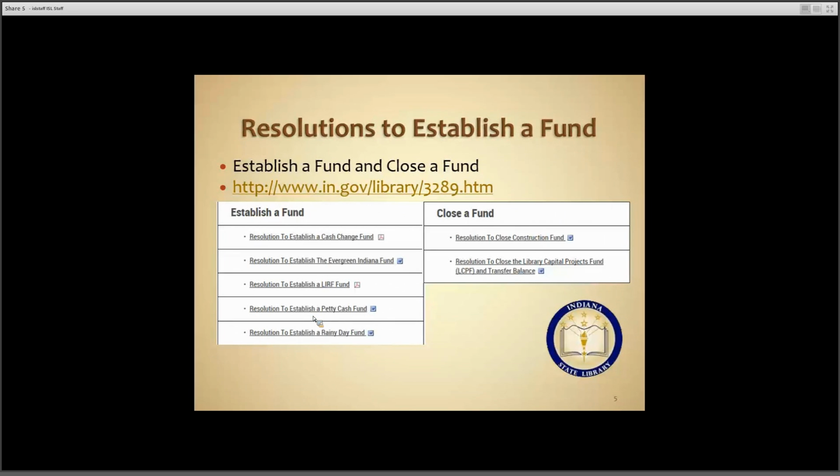Resolutions are found on the Library Development Office website at http://www.in.gov/library/3289.htm. They are broken down into the categories of resolutions to establish a fund and resolutions to close a fund.